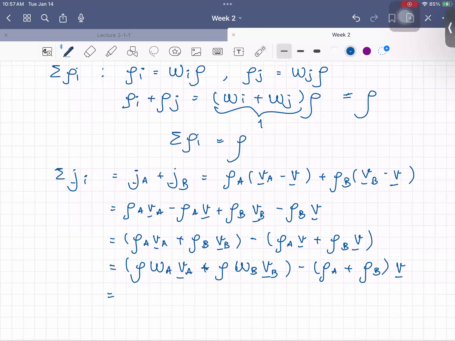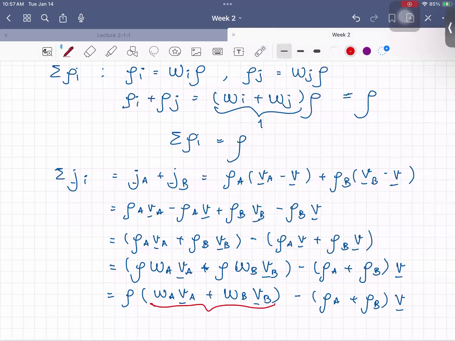Now we have rho as a common term for the first term, so it will be rho times (omega A v_A plus omega B v_B). What is this term?